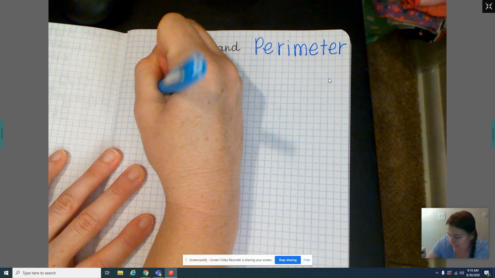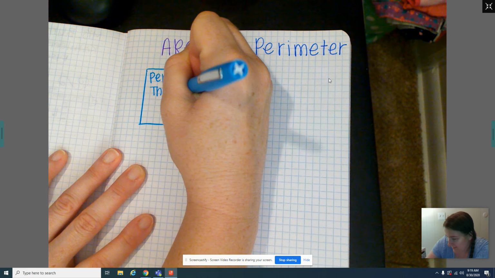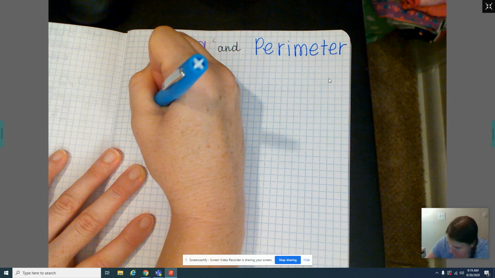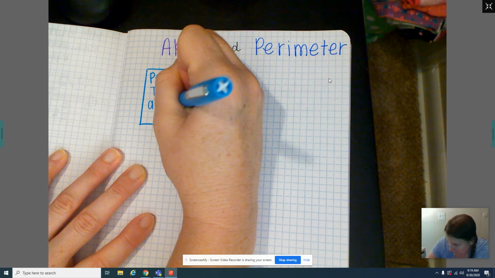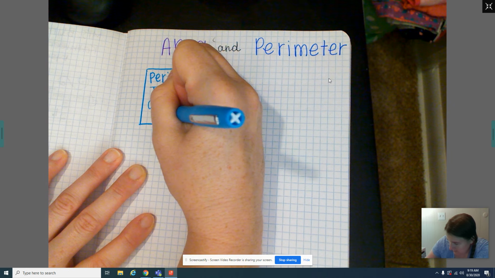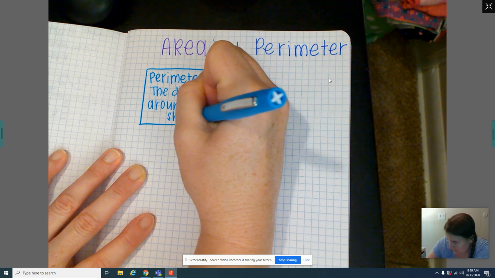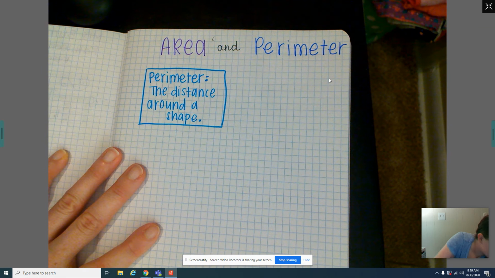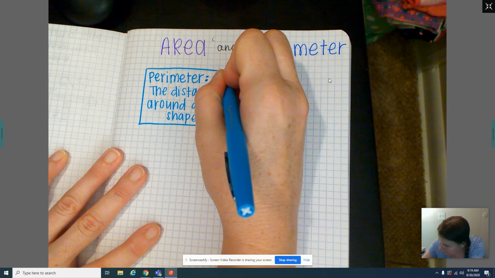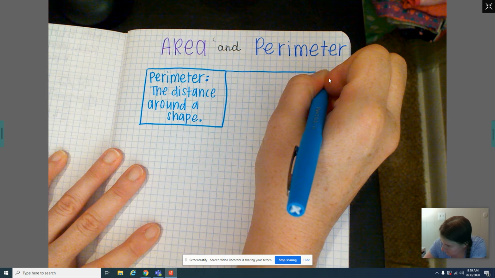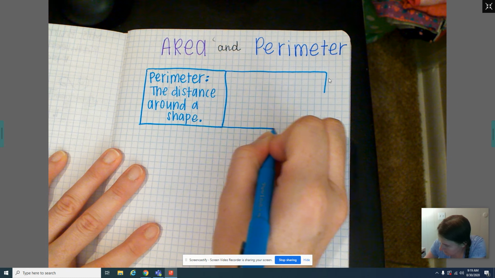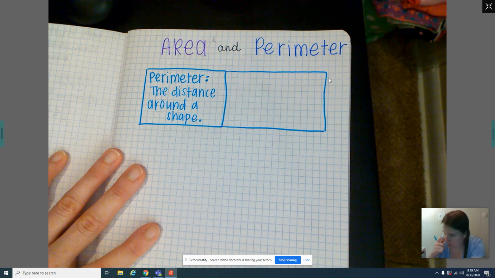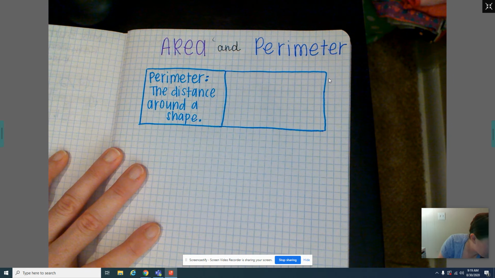It's going to be the distance around a shape. Okay. Now I'm going to draw another box right next to it. Remember, you can always pause too and catch up and then start again.